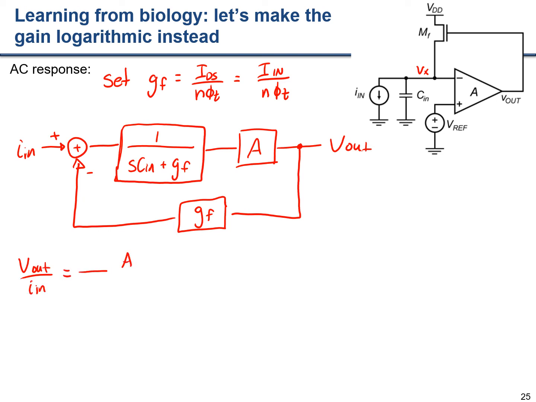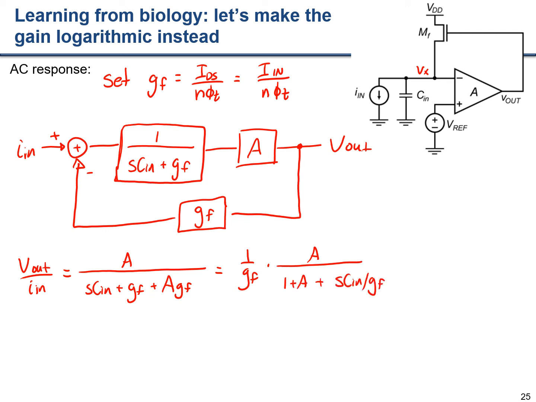This is equal to A over SCN plus GF plus A times GF, which is equal to 1 over GF times A over 1 plus A plus SCN over GF, which is equal to 1 over GF times A over 1 plus A divided by 1 plus SCN over GF divided by 1 plus A. Okay, so similar kind of thing here. We're seeing that the amplifier does provide this bandwidth expansion.